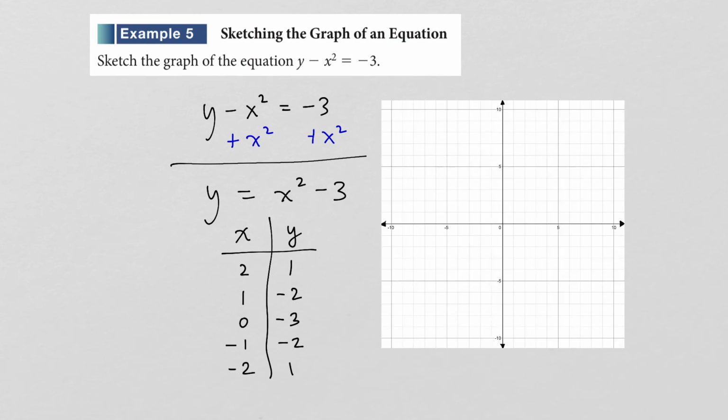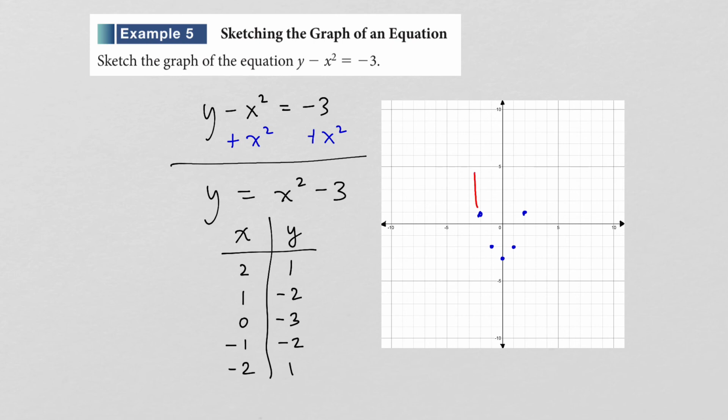So now that we have these points, we can simply plot them and see if we notice any kind of pattern. So we have the points 2, 1; 1, negative 2; 0, negative 3; negative 1, negative 2; and negative 2, positive 1. And this does appear to have a parabolic pattern, right?